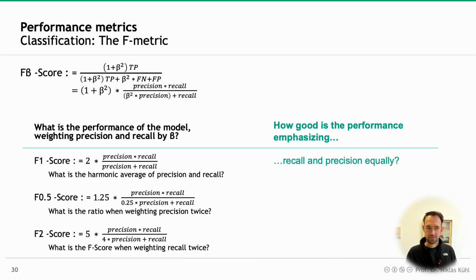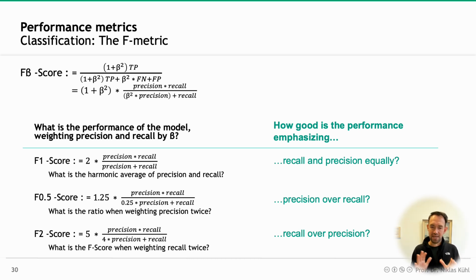So you basically ask for the F1 score, where beta is 1. How good is the performance if we emphasize recall and precision in an equal way? If you decrease the beta now, you value precision more than recall. And if you increase beta above 1, you weigh recall more importantly than precision.